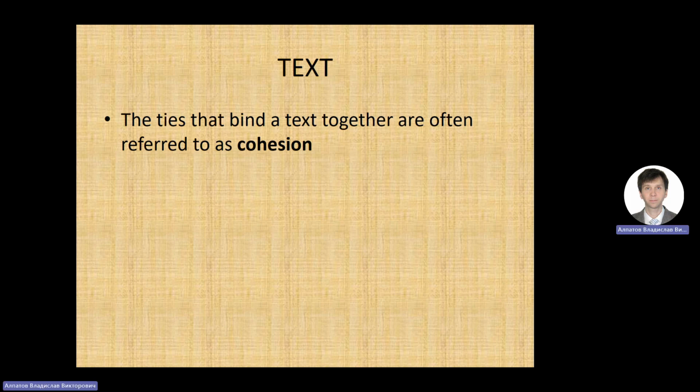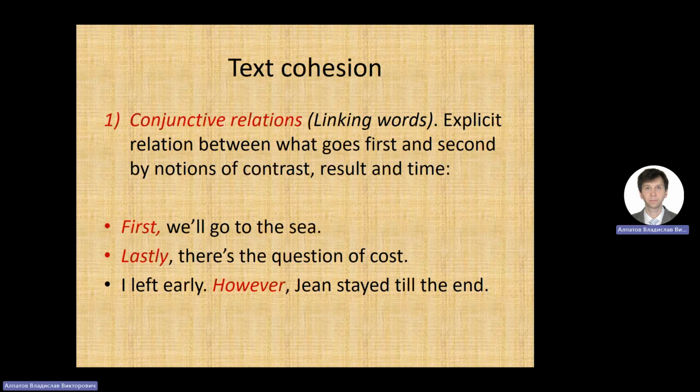In Russian, cohesion is translated as когезия, либо связность. Когезия, она же связность.